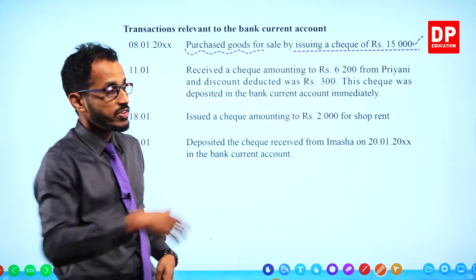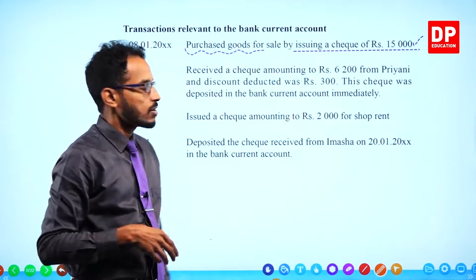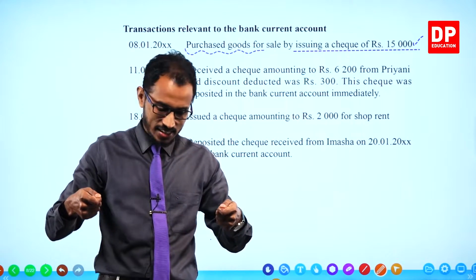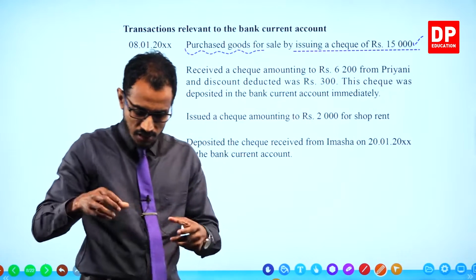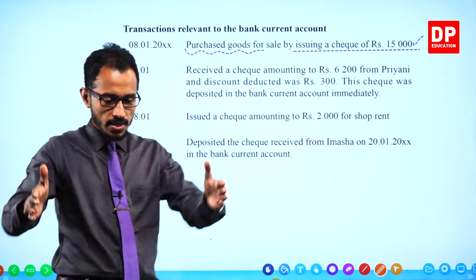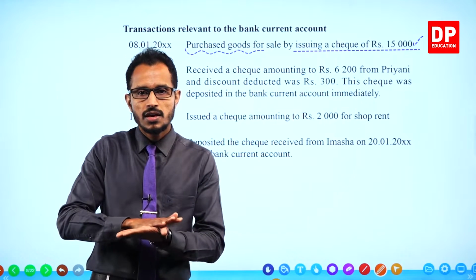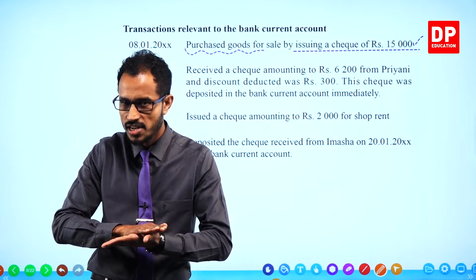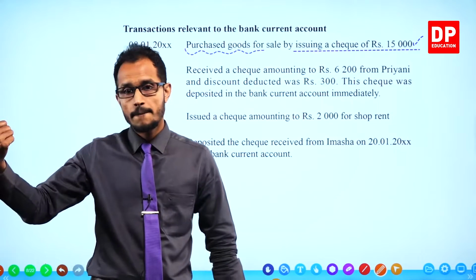I have told you children, when we receive checks, we don't run to the bank and deposit the check. Normally, when we receive a check, we check the check and put it into the cash drawer. So the check is with cash at hand, not in the bank.